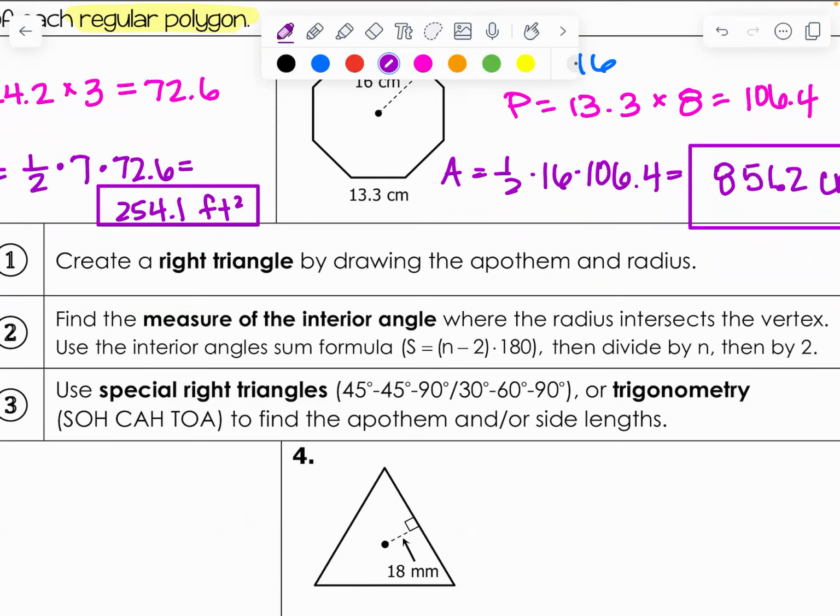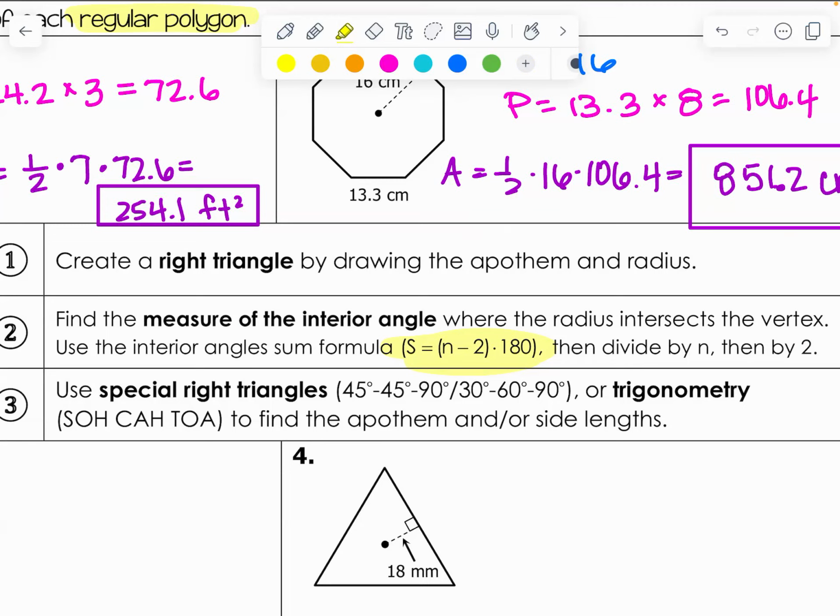If you don't know anything about the angles, the interior angle sum formula is n-2 times 180. So if I have a pentagon, how many sides is a pentagon? I would take 3 times 180, and that's the sum of the interior angles. And then I would know what each of the angles are.